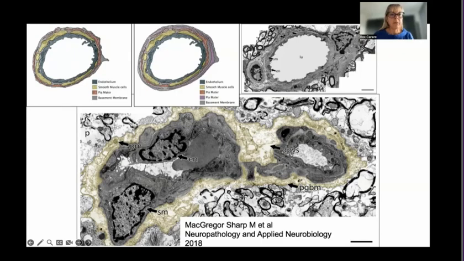So the red leptomeningeal layer is a single layer in the gray matter, whereas in the white matter, as you can see in the middle picture, there are two such layers, creating thus a very important space that is present only in the white matter and in the basal ganglia.